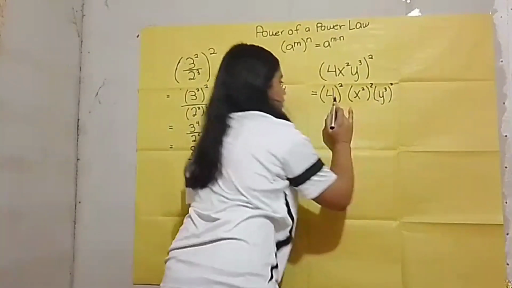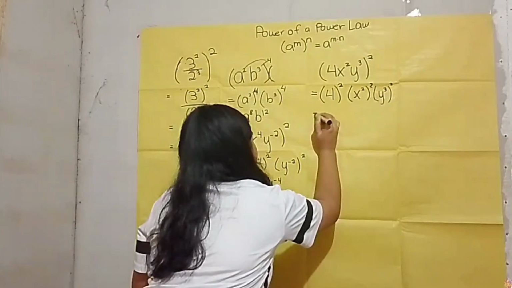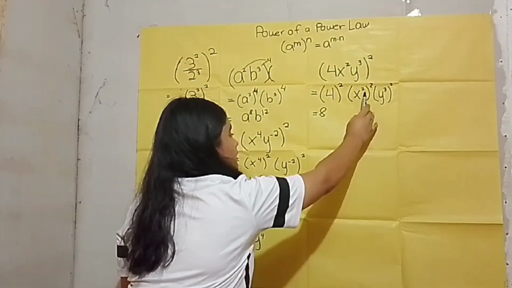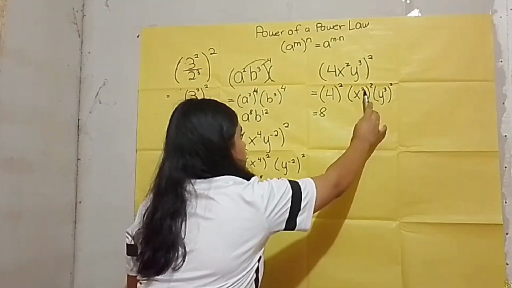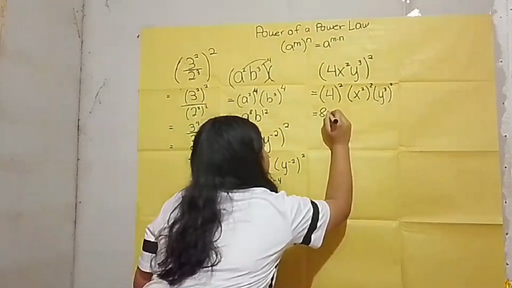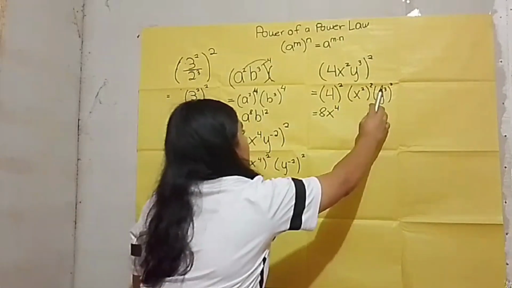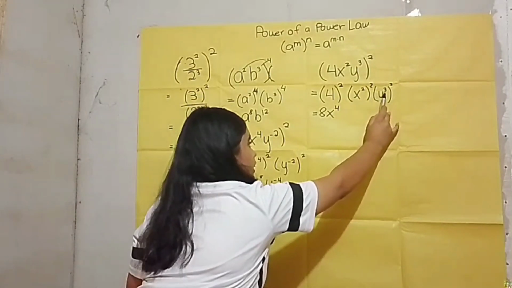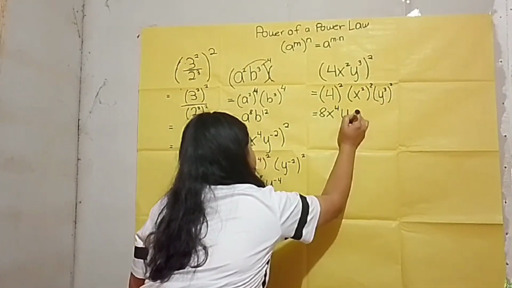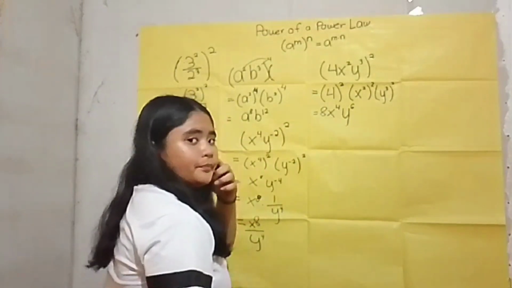So we multiply. 4 times 4 equals 8. And then we multiply the exponents. So 2 times 2 equals 4. You write the variable and the exponent. And same for y. 3 times 2 equals 6. So y to the power of 6. And this is the final answer.